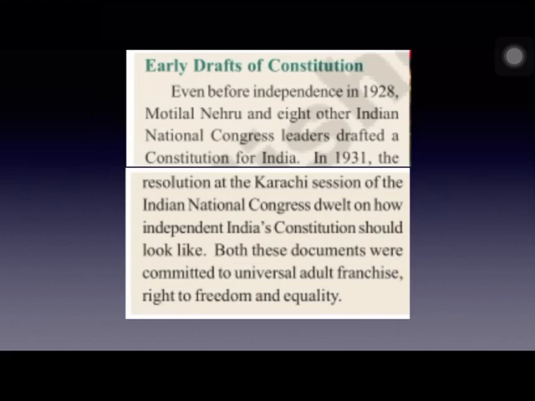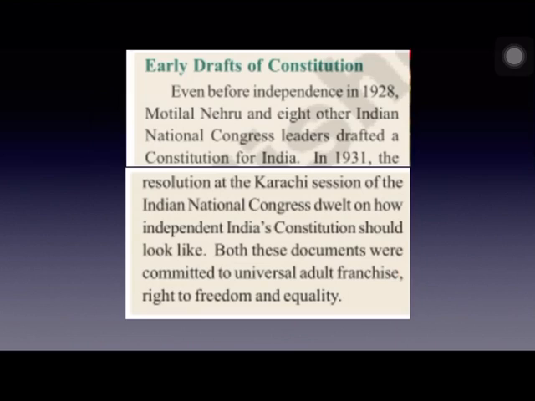Now, early draft of the Constitution. Even before independence, in 1928 itself, a constitution was prepared for India by Motilal Nehru and 8 other Indian National Congress leaders. Together, they drafted a constitution for India in 1928.